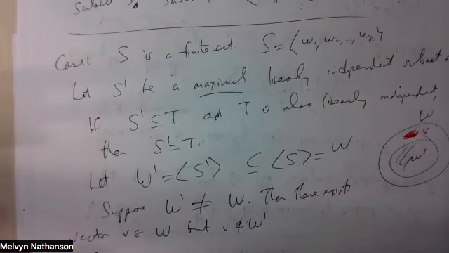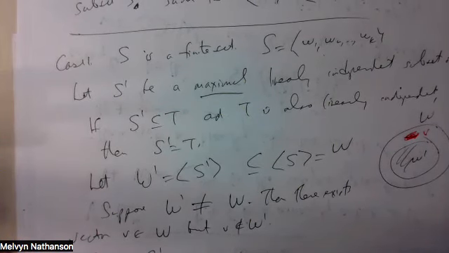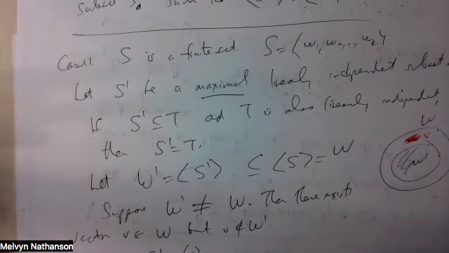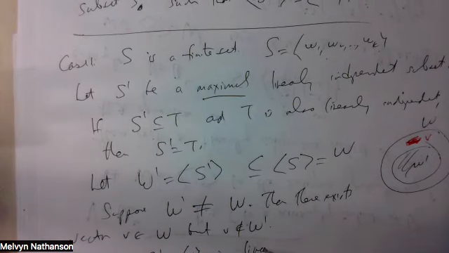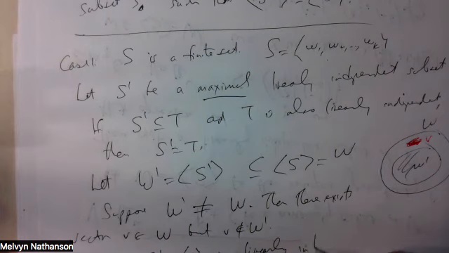In that case, I claim that S prime union this V is also linearly independent. Why is that? Actually, it's a good question. Maybe that's not a good way to do this.